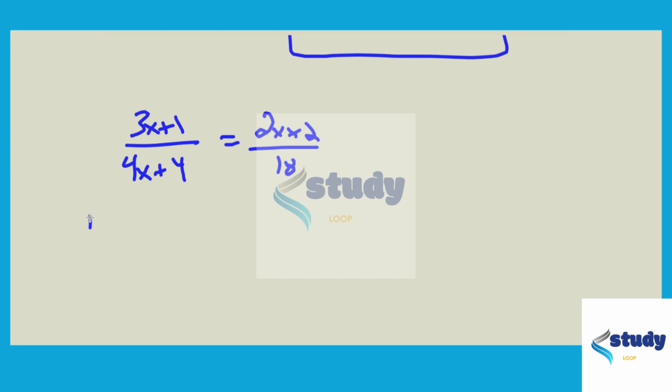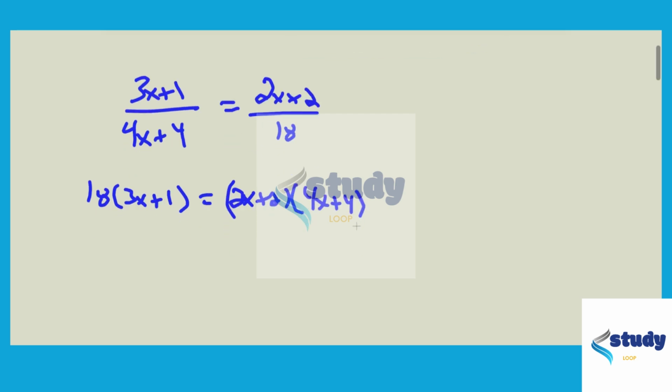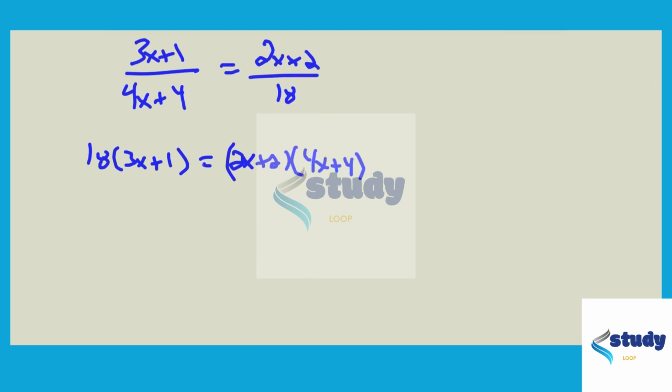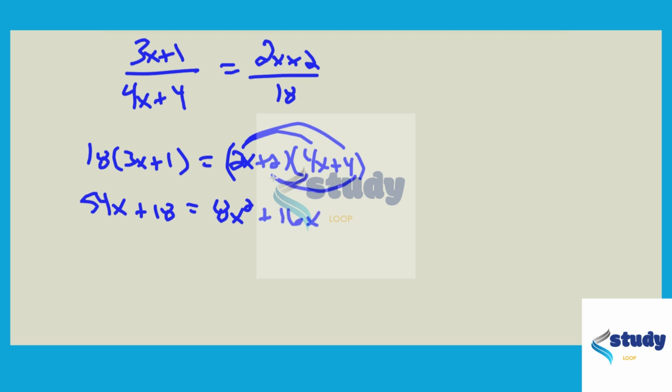Cross multiply, we got 18 times 3x plus 1 and 2x plus 2 times 4x plus 4. Distribute the 18 times 3 is 54x plus 18 equals, we've got 8x squared plus 8x plus 8x is plus 16x plus 8.